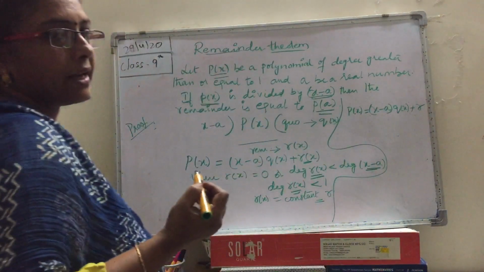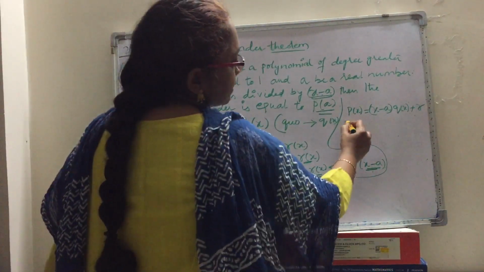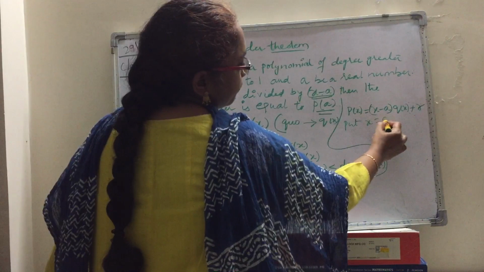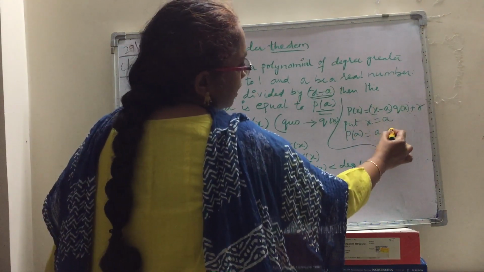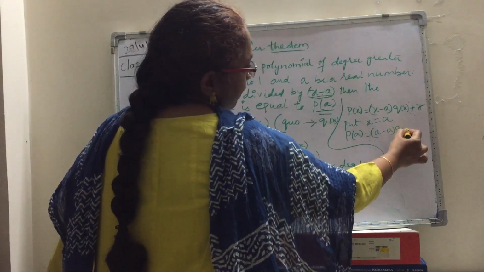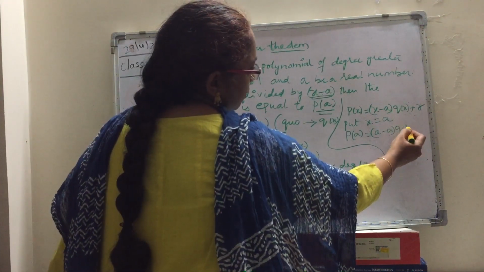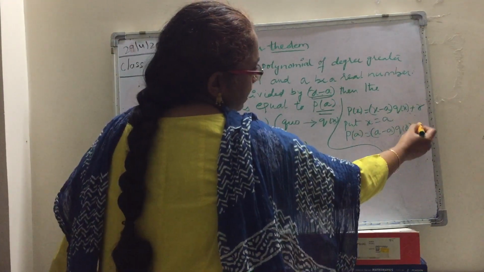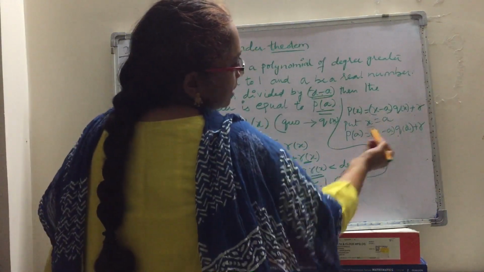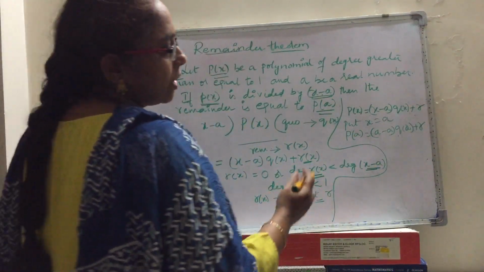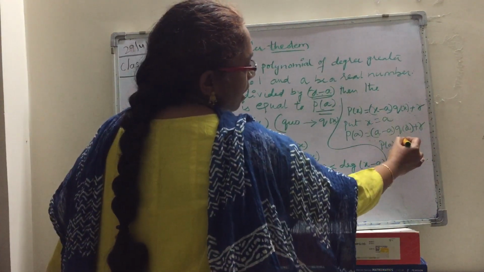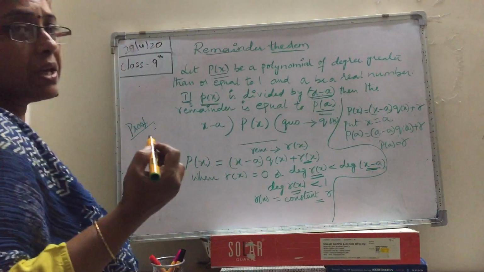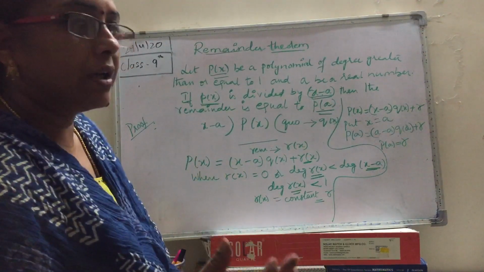It is a constant. Now put x is equal to a. Then what will you get? P of a is equal to a minus a into q of a plus r. So a minus a means how much? 0. 0 into q of a is 0. So P of a is equal to r.